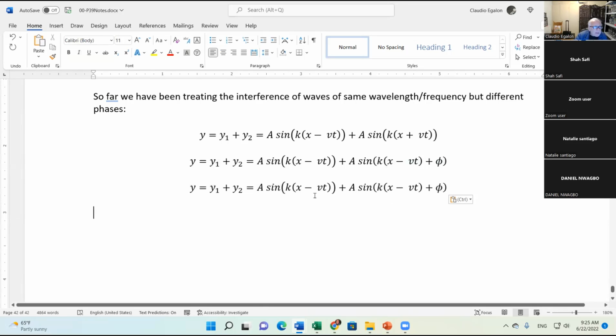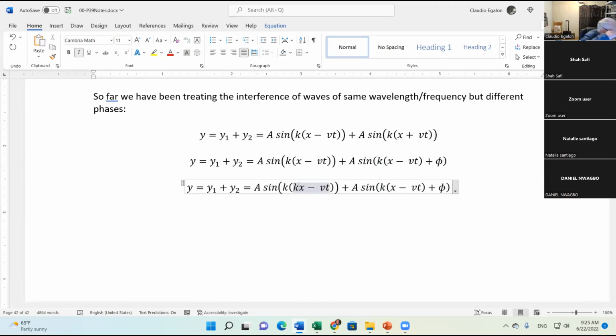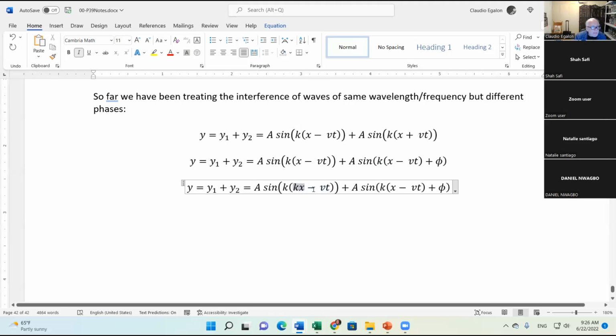The first wave, I'm going to put that in the notation of the book, okay? kx. Okay, so here you go.